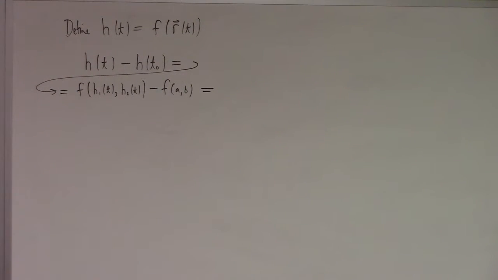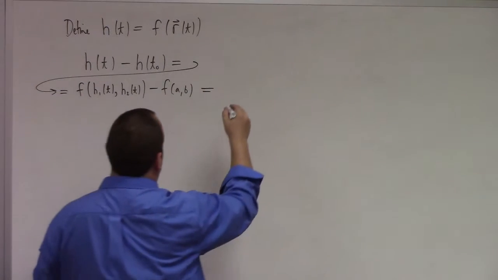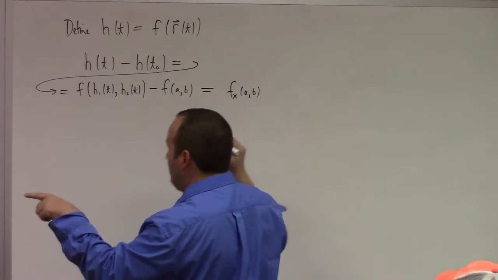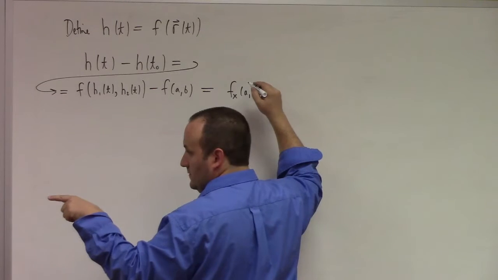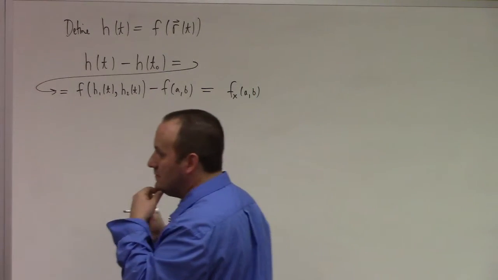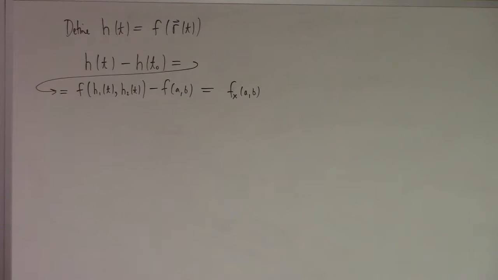So I subtracted the f of ab to the other side basically, and then I have fx of ab times x minus a. We agreed x minus a was what? It was t minus t naught, right?